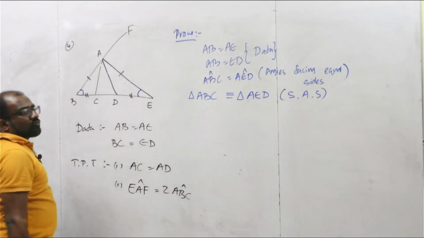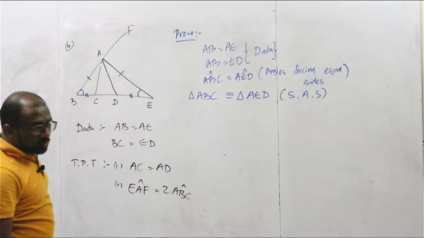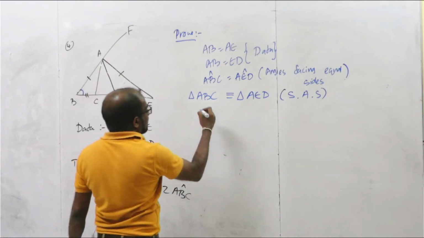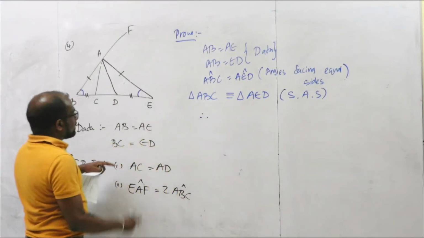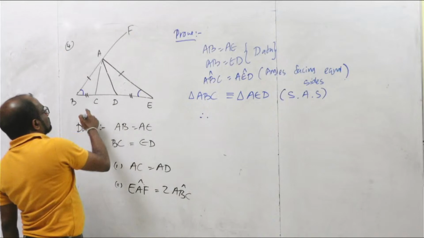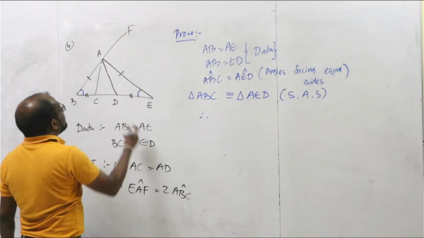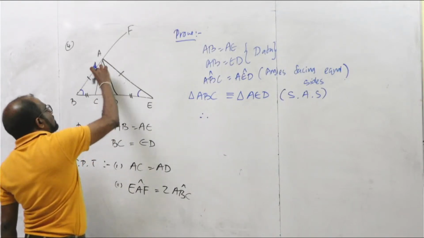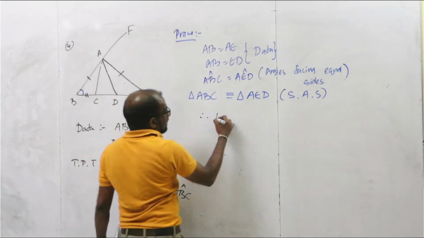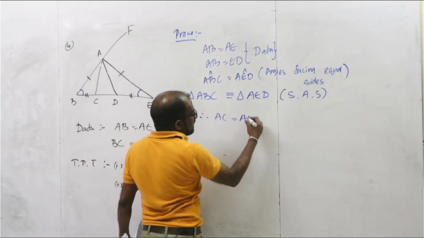The remaining pair of sides also should be equal. Therefore, AC equals AD.